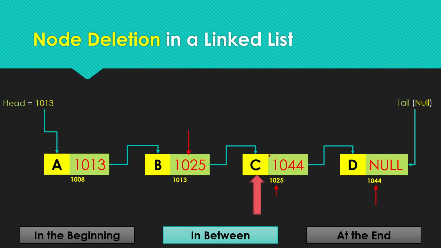Of course, we have it over here on node C. So generally what we are going to do is something like b.next equals c.next, so that we can copy this 1044 to come here. So that is step number one after we found the node.